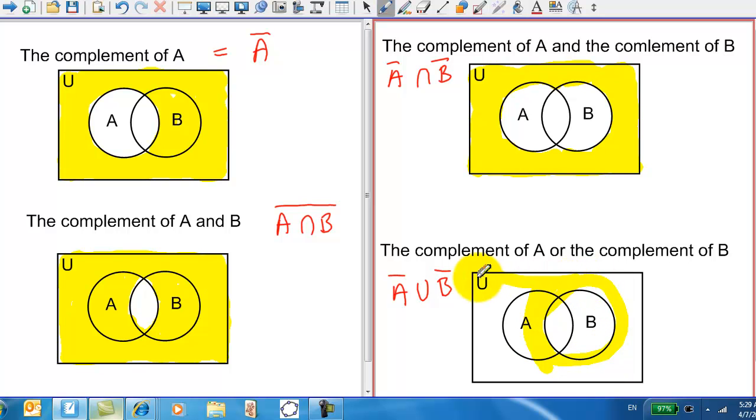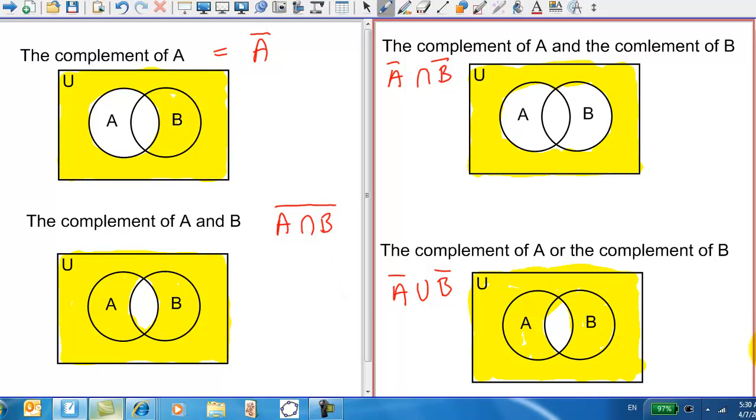So if it's an OR statement, it's going to include everything in that. That's the complement of B. And then the complement of A is everything outside of A, so that's going to finish off with this stuff. And so notice how these two were a match.